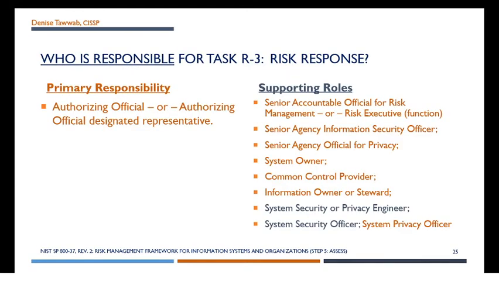The person primarily responsible for risk response is the authorizing official or the authorizing official's designated representative. Supporting roles can be played by many people on the team, including your chief risk management official, the chief information security officer, the chief privacy officer, the system owner, the common control provider, the information owner or steward, the information security or privacy engineer, and the system security officer and system privacy officer.